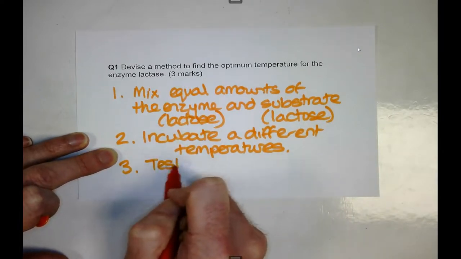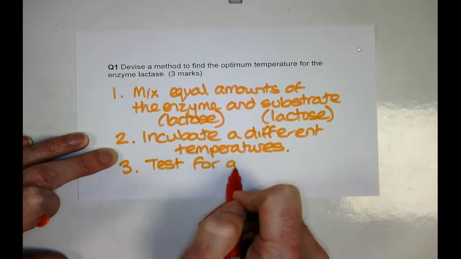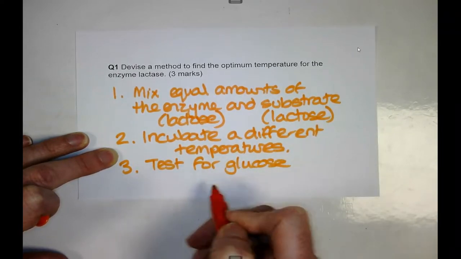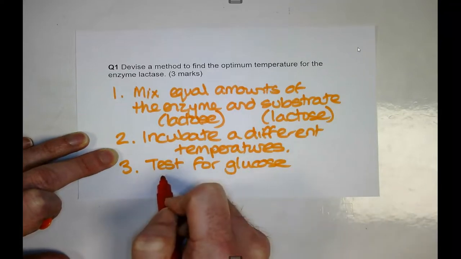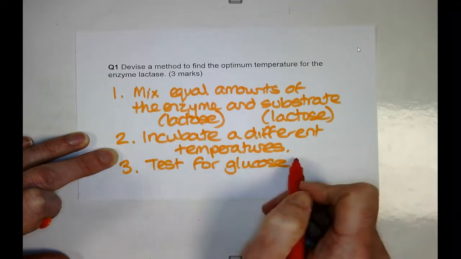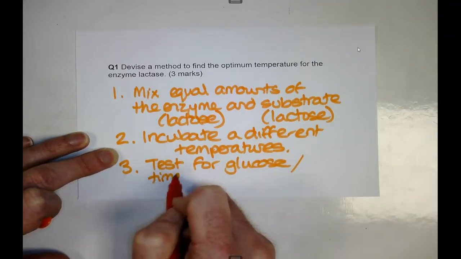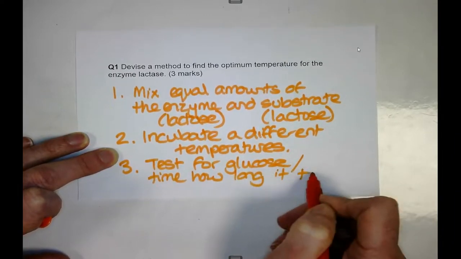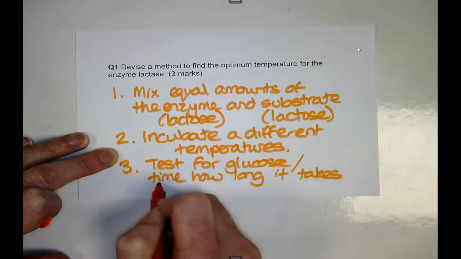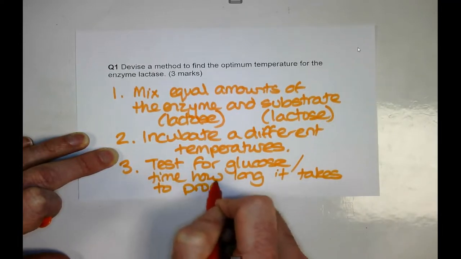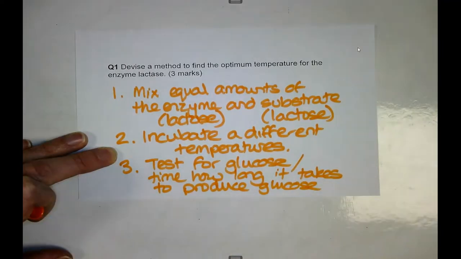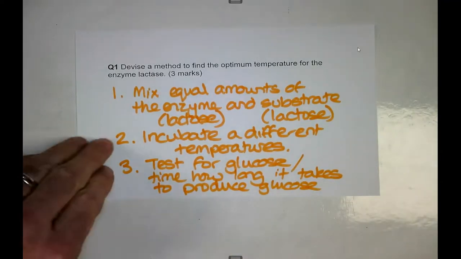So test for glucose. And you might remember that's using Benedict's solution. Test for glucose, or time how long it takes to produce glucose. Okay, so that's the method questions.